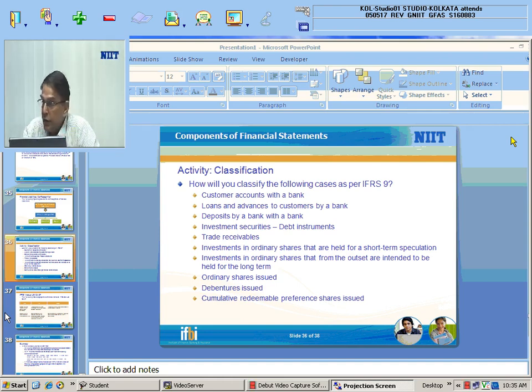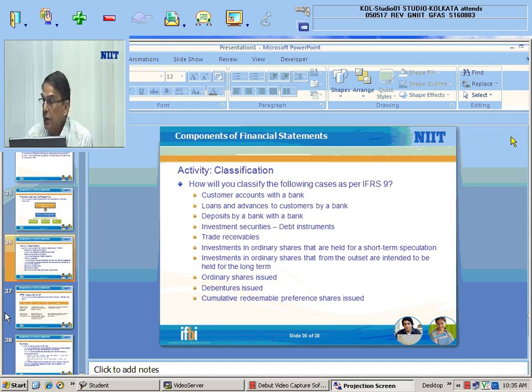And what will be the classification? First of all, whether it's a financial asset or a financial liability. Deposit by a bank with another bank is a financial asset, and it's a financial asset at amortized cost.